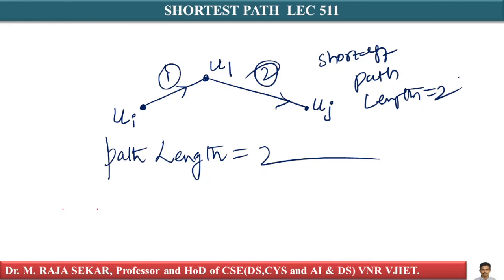When the length of the path is short, there is a high chance that ui could be following uj. If ui is a friend of u1, and u1 is a friend of uj, then there is a very high likelihood that ui is a friend of uj also. Hence, ui might follow uj, or uj could also be a friend of ui.